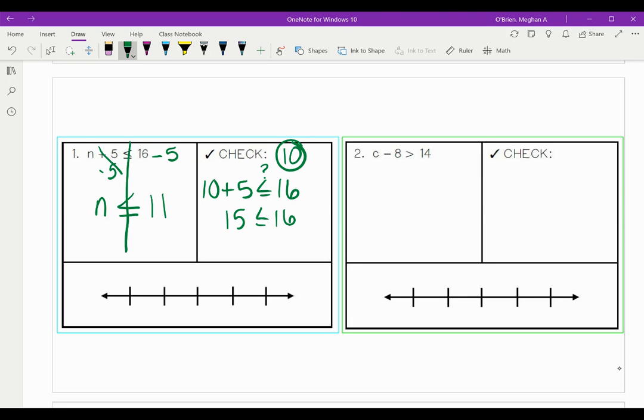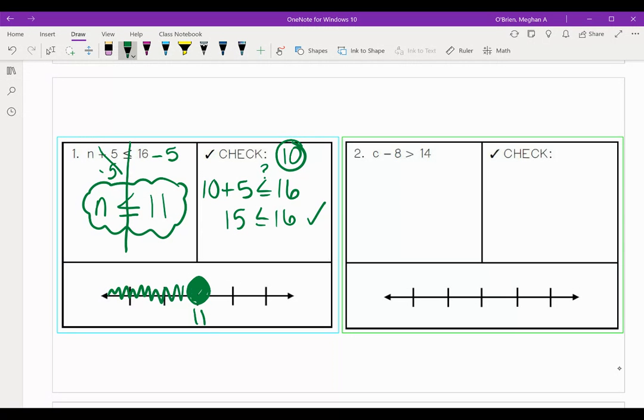Yes, because 15 is less than 16. So I know with my check number that my solution set is correct. To graph it, I can just put 11 really anywhere. It's just a sketch of a graph. I use a closed circle, remember, because it's the less than or equal to symbol, and all the numbers less than it would be shaded to the left.